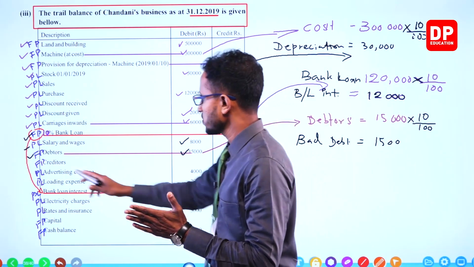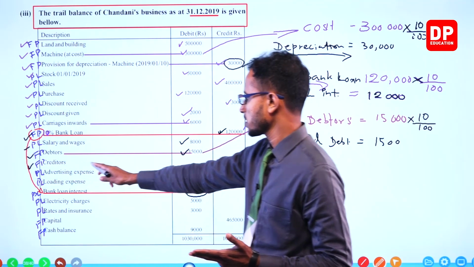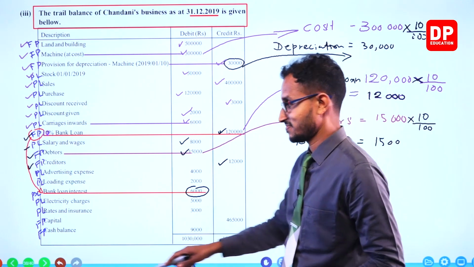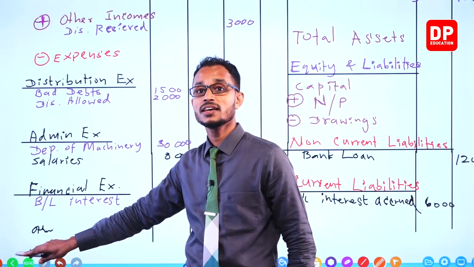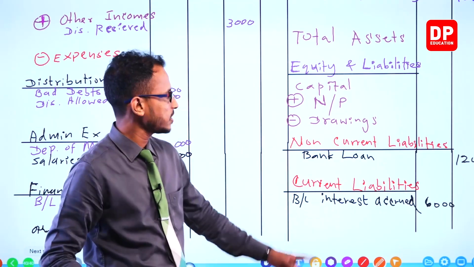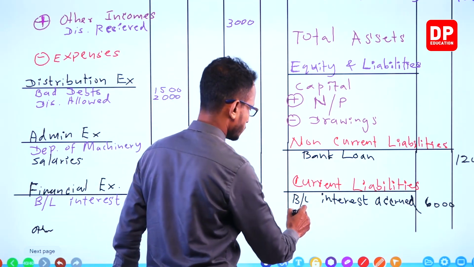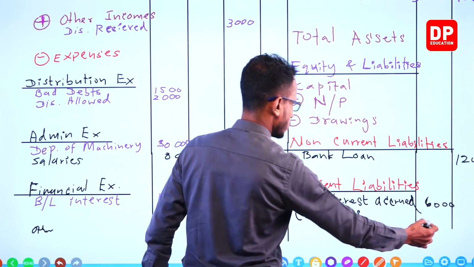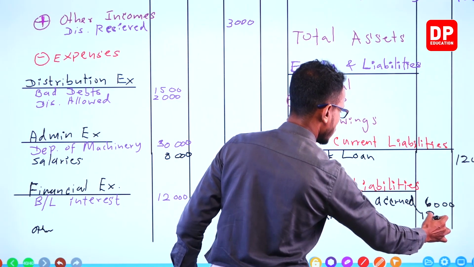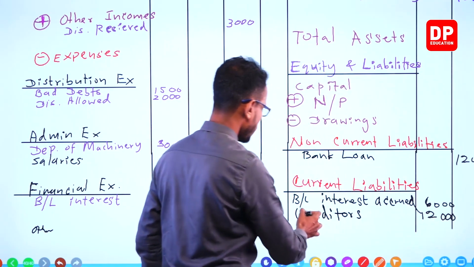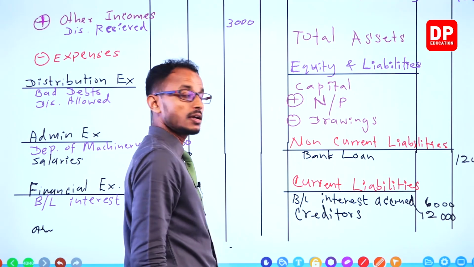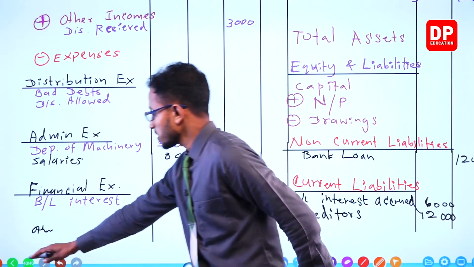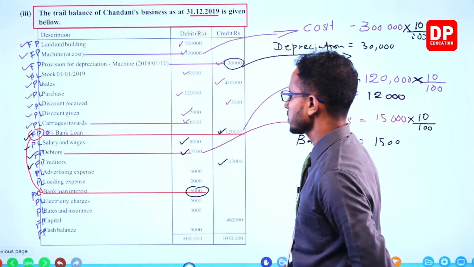Creditors, we have to take 12,000 to the SOFP under current liabilities, 12,000. Going back, done.